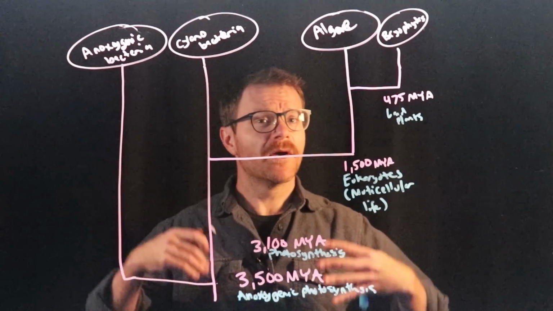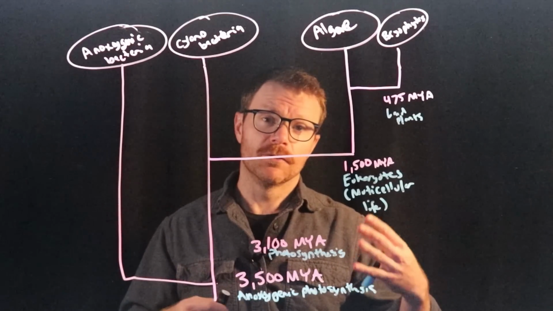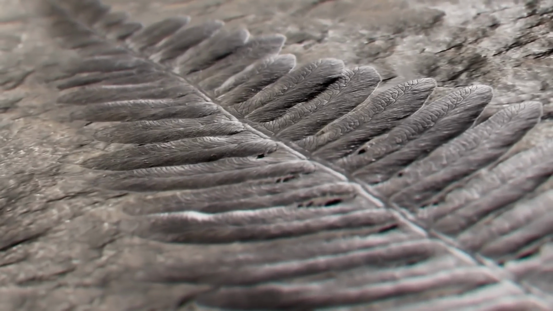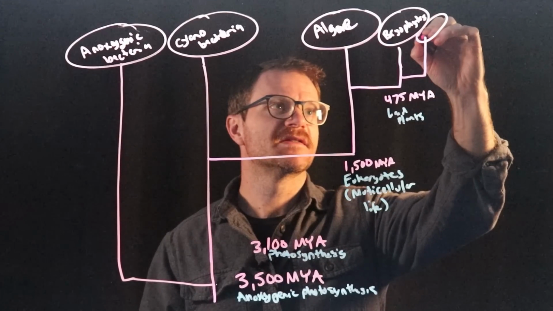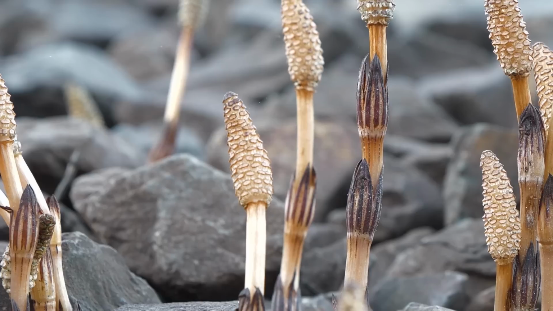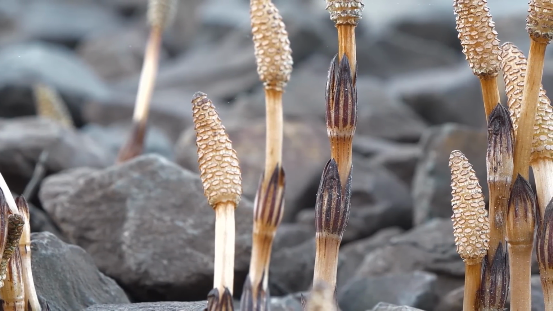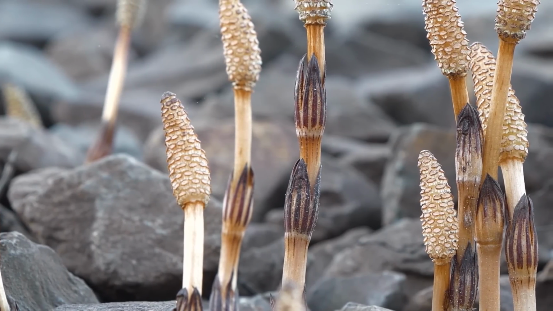The plants that would really take over are plants with vascular tissue, which is our next big innovation. About 420 million years ago, now we're kind of running out of space, we see pteridophytes.